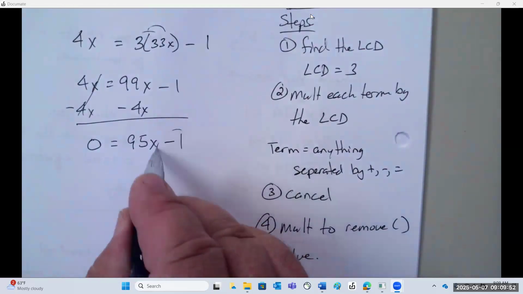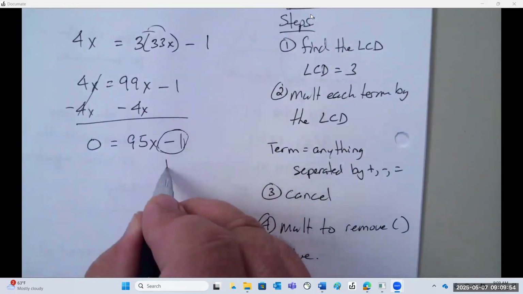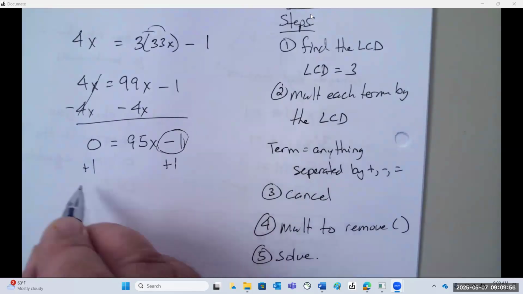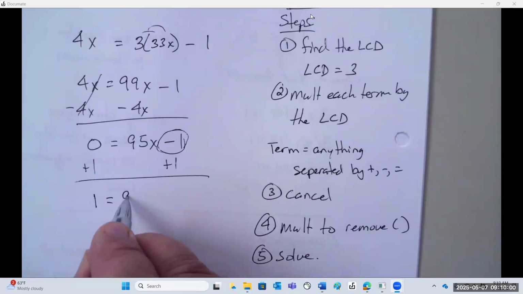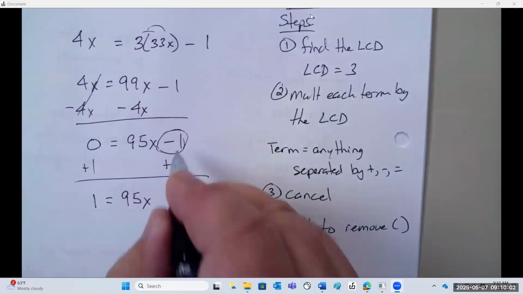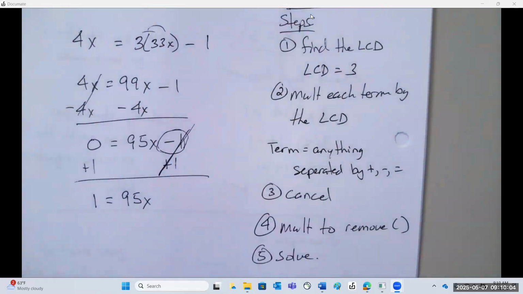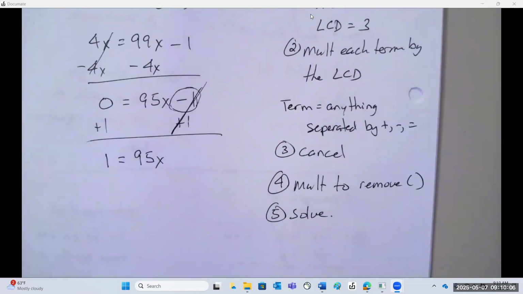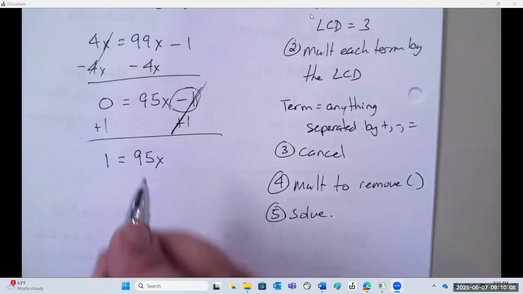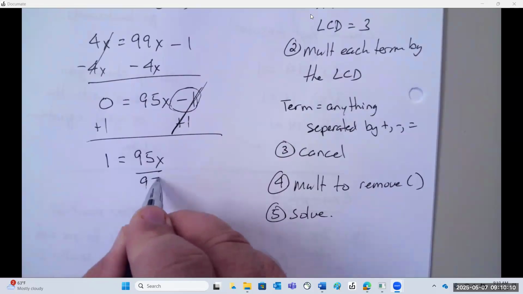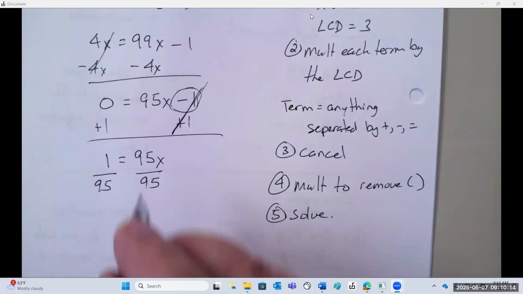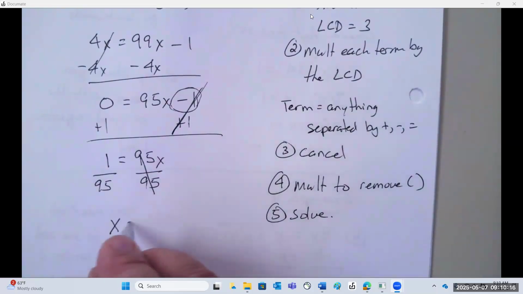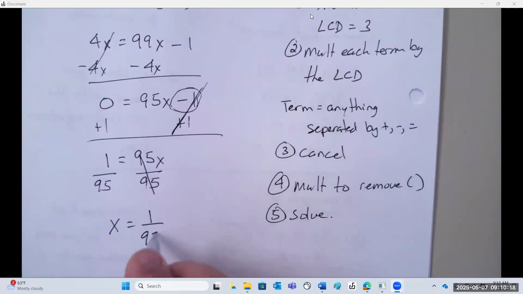Now get rid of this one. So I add 1 to both sides. Those cancel. Now you don't have to worry about anything. The answer is what the answer is. No sign changes or anything. So x is equal to 1/9.